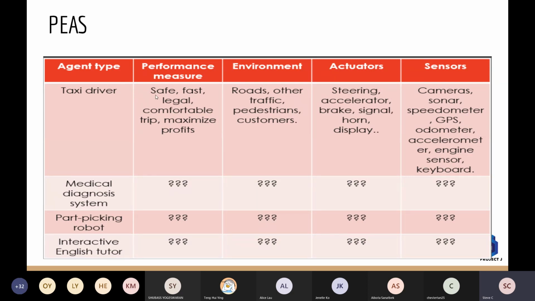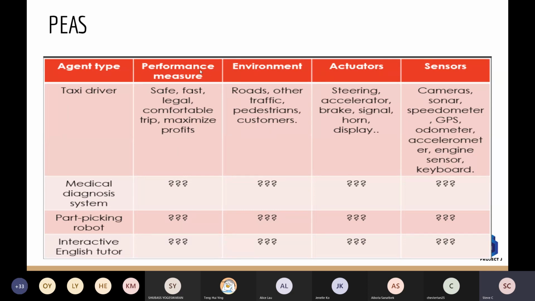So how safe is the taxi driver driving? How fast was he going? Is he driving legally? Does he abide by the traffic rules? Are you comfortable during the trip? And does the taxi driver maximize profits from, well, doing its job, right?